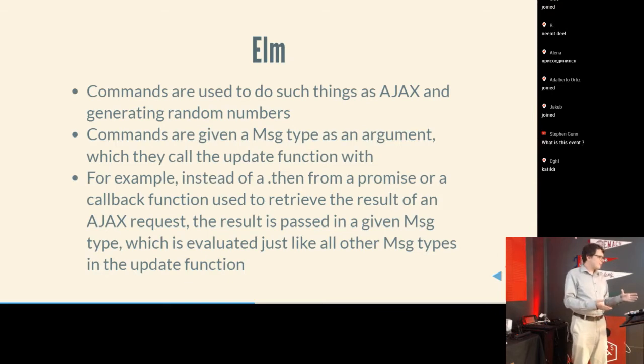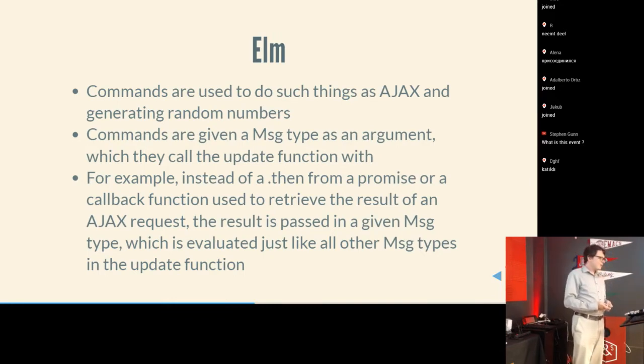So for example, in JavaScript we often use promises, and the result of the promise is given to the function that you pass in with the .then function. And that function is used to retrieve the result of, like, an AJAX request.